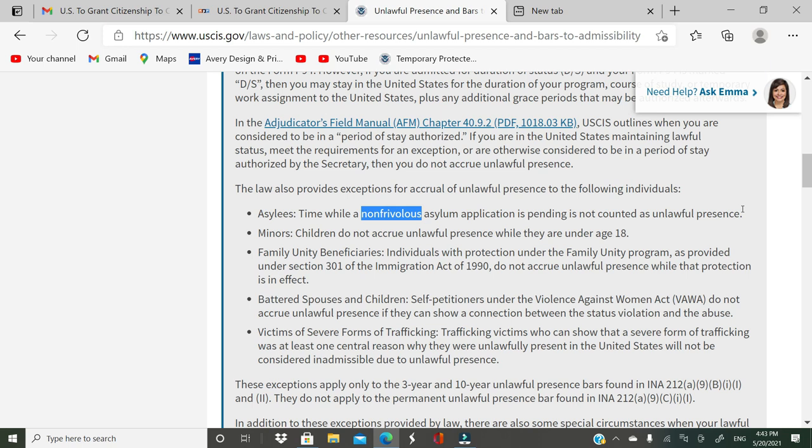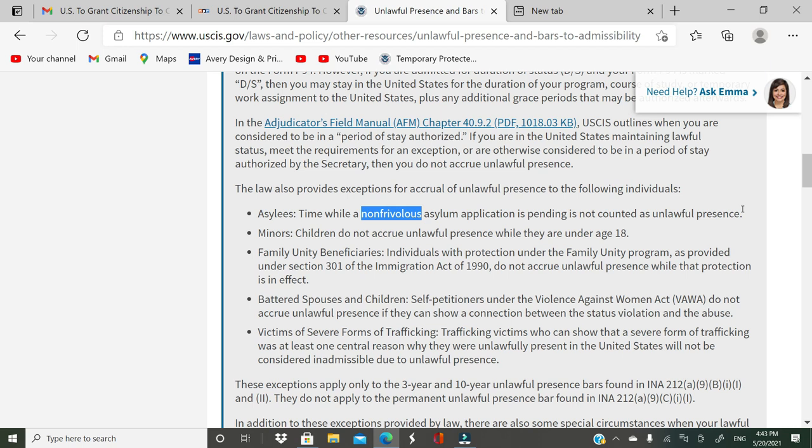But let's say you apply for the asylum and then you want to adjust status, not through marriage, because with marriage it's much easier. You just have to show with clear and convincing evidence that the marriage was entered in good faith. Whether your asylum case is pending or not, you are going to be able to adjust status.